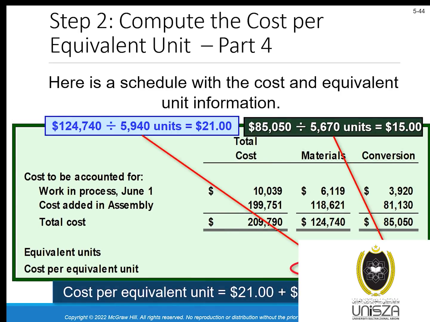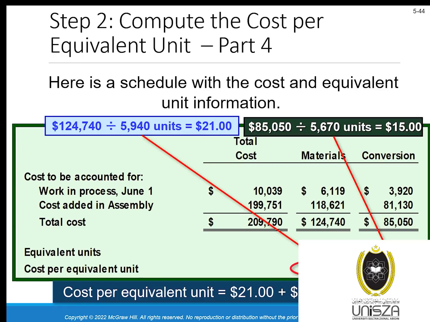To get the cost per equivalent unit for materials, 21, how we get 21 is 124,740. This is for the materials, class. Divide by the 5940 units, the equivalent units, and we get 21, the cost per equivalent unit.